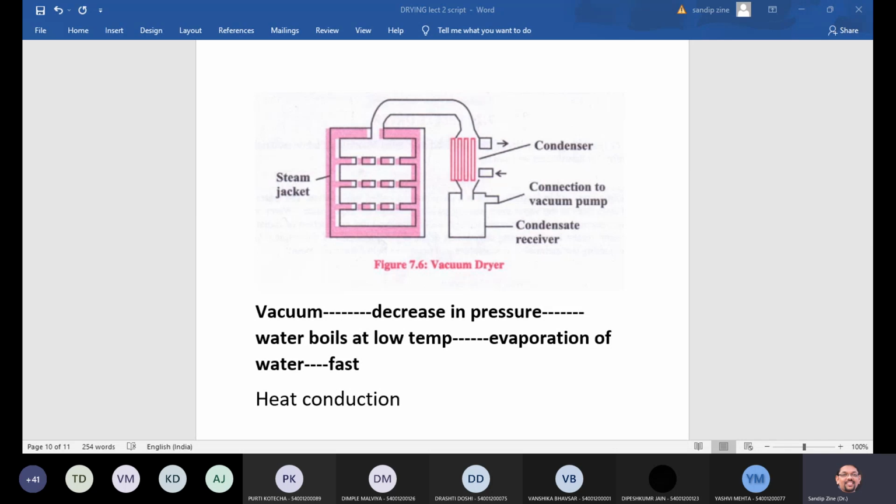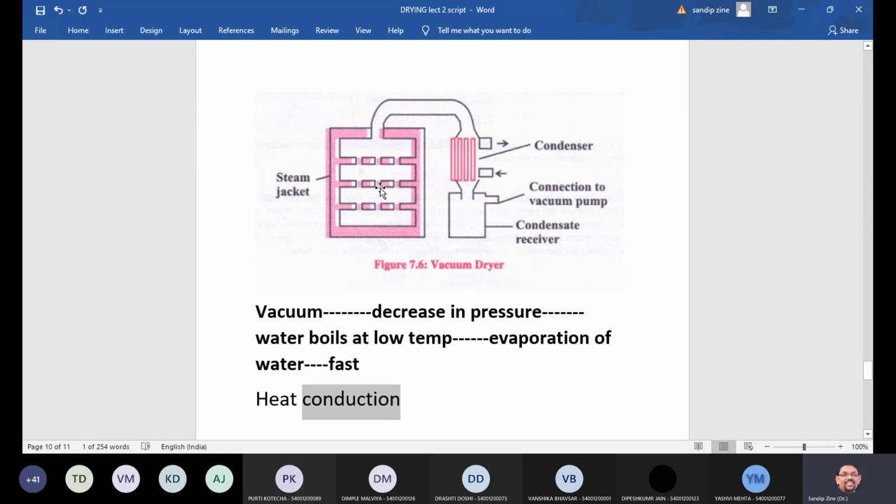And the door closes firmly and the steam passes through the jacket space and the shelves. So the heat transfer is carried out by the conduction mechanism. What is the mechanism behind this? Conduction mechanism, isn't it?